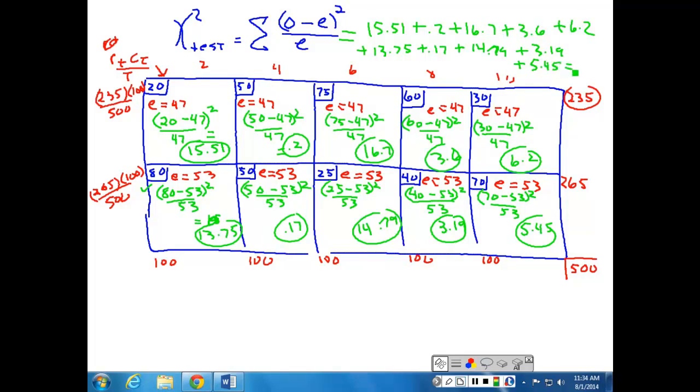Does anybody have a sum for that? 79.56. Do I have a second? Anybody else get the same number, 79.56? If not, give me another number and we'll see.